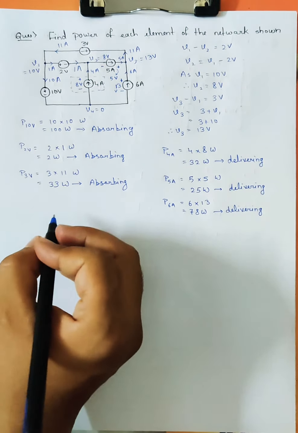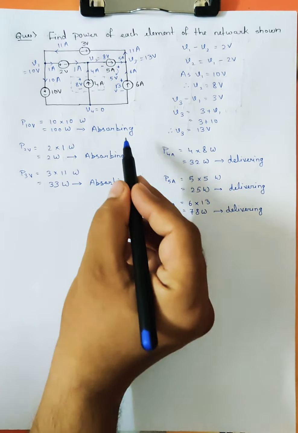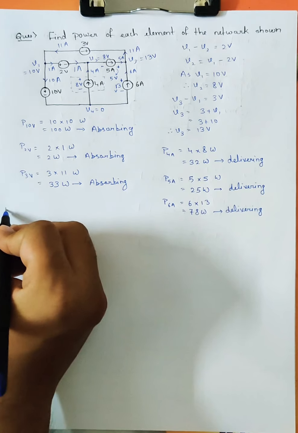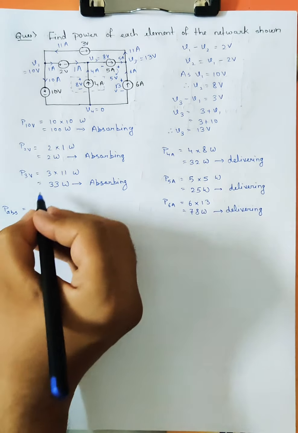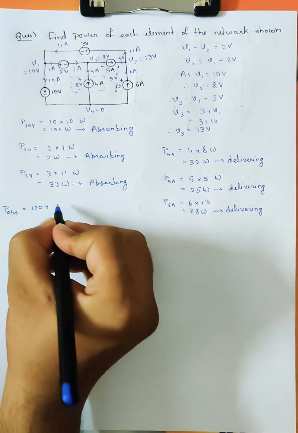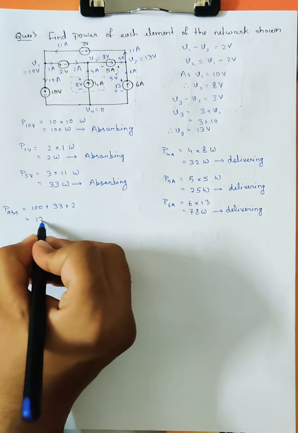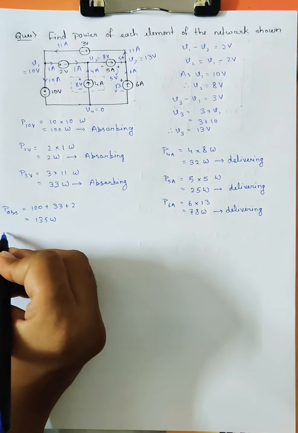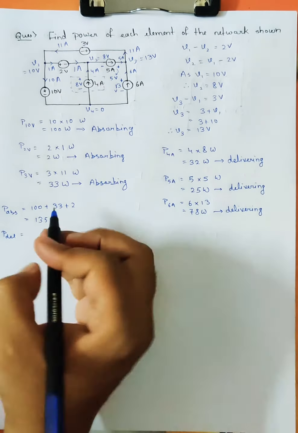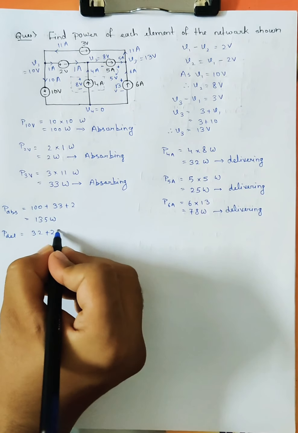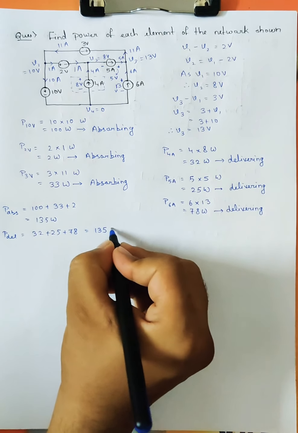Now we'll do the summation of all the absorbing powers. So P absorbing is equal to 100 plus 33 plus 2, that is equal to 135 watts. Similarly, P delivering is equal to 32 plus 25 plus 78, that is 135 watt.